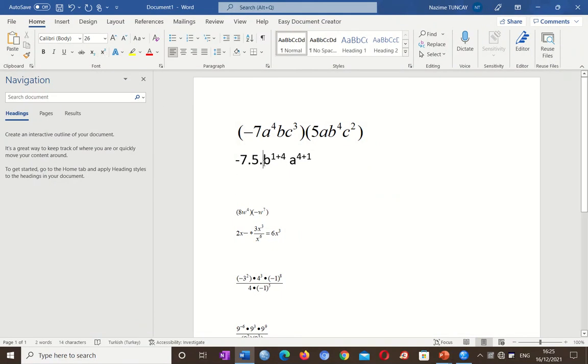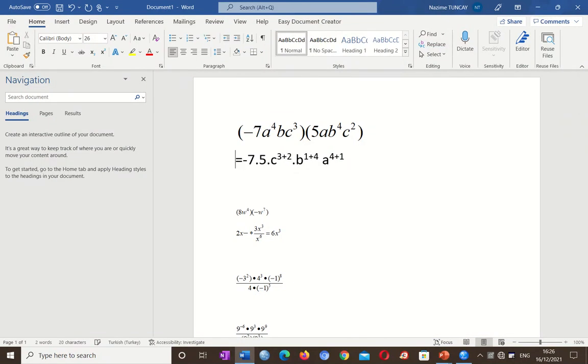The order is not important in multiplication. I have c multiplied by, 3 plus 2, this is the power. Now, let us calculate what I have here.